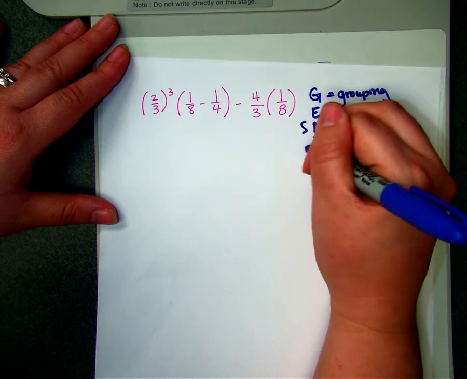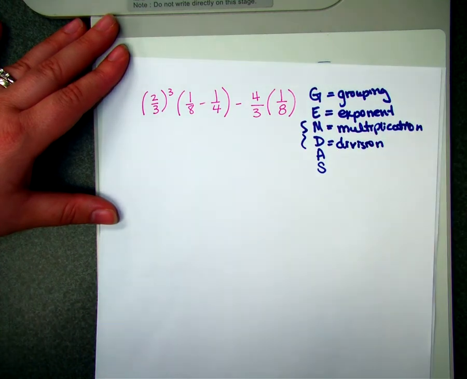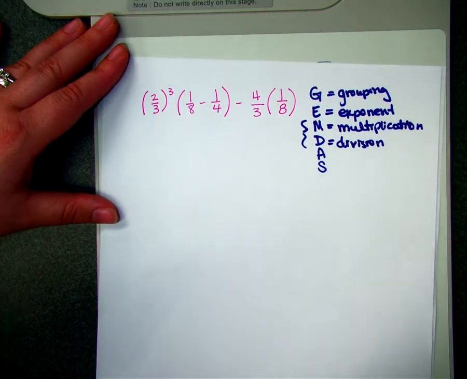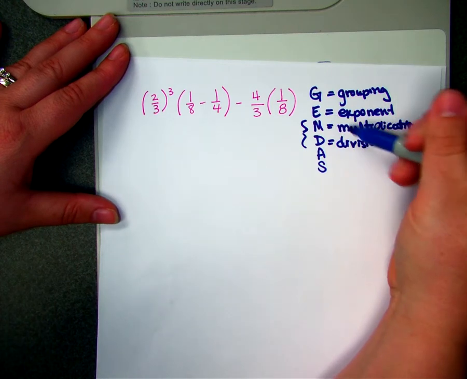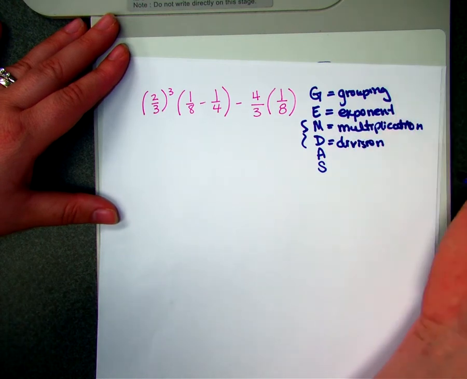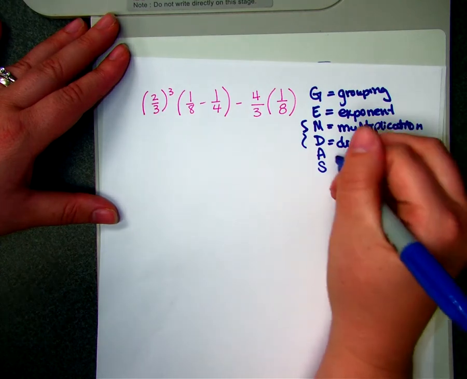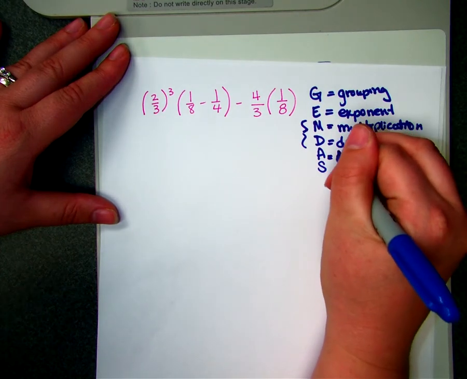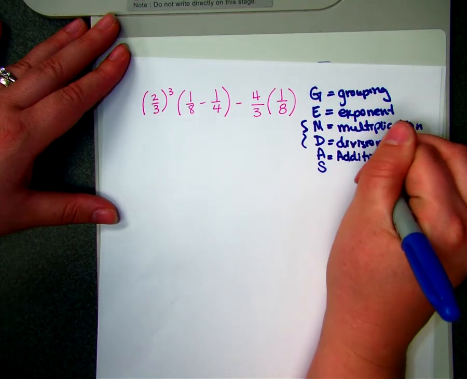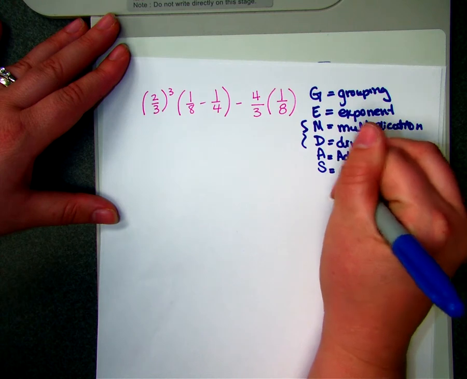So these two actually have the same superiority. Whichever one of these operations you see first, reading your equation from left to right, is which one you'll do first. And then finally, addition or subtraction.